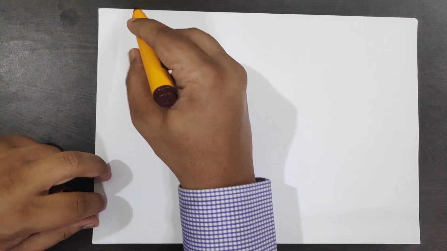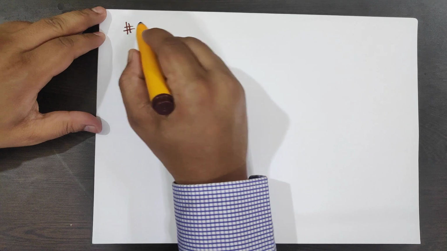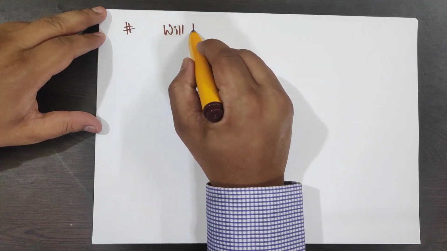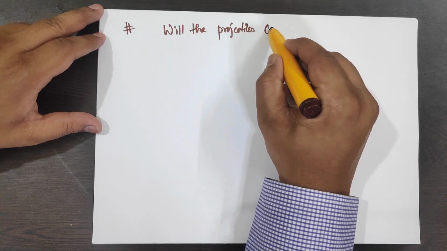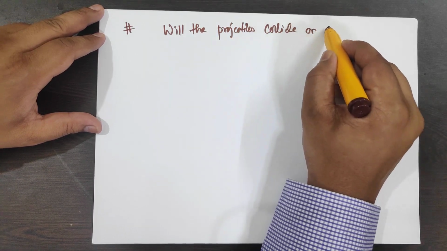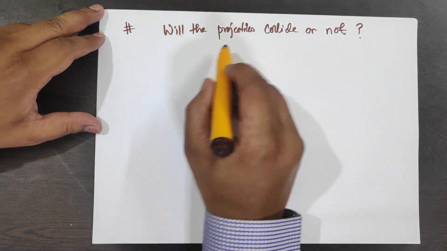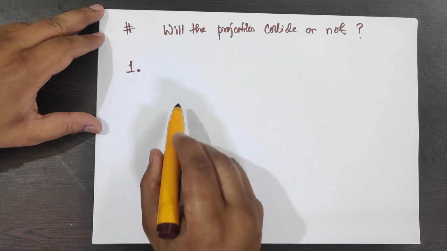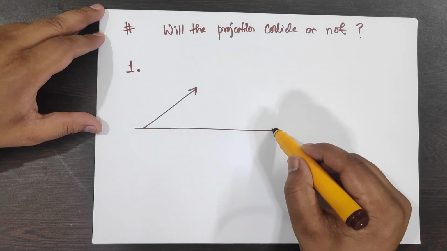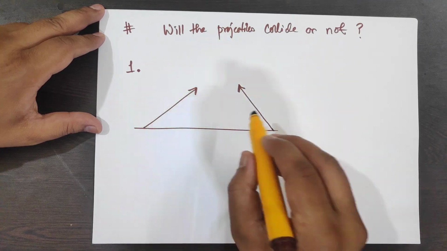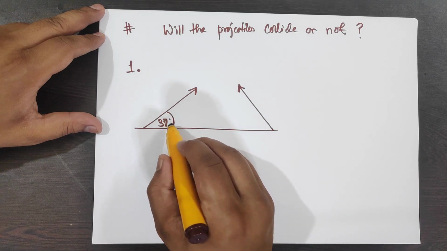There are certain slightly different types of problems also. Suppose this one: will the projectiles collide or not? There are a series of diagrams. I will draw two of those. So that is 37 degree.